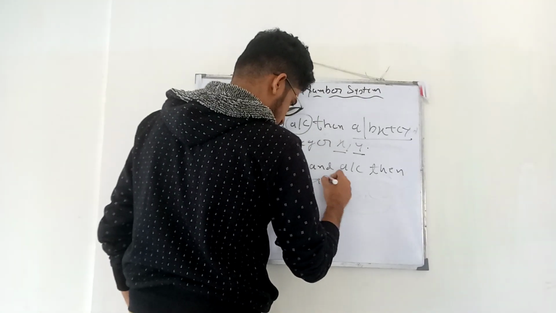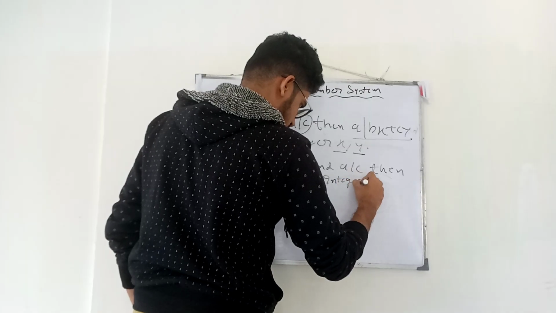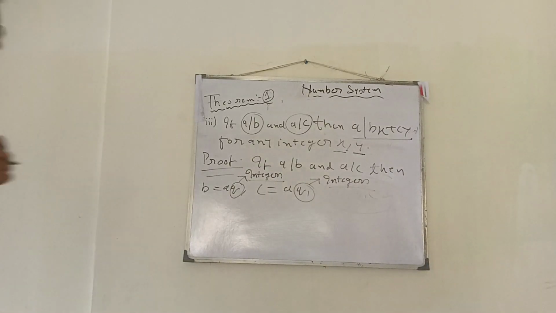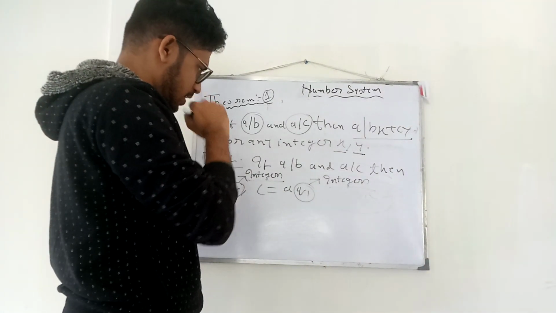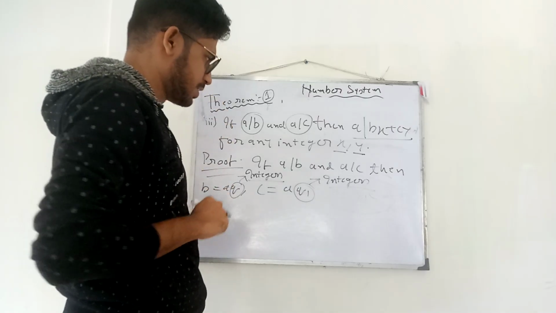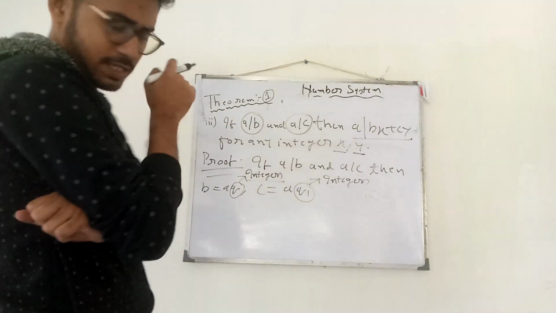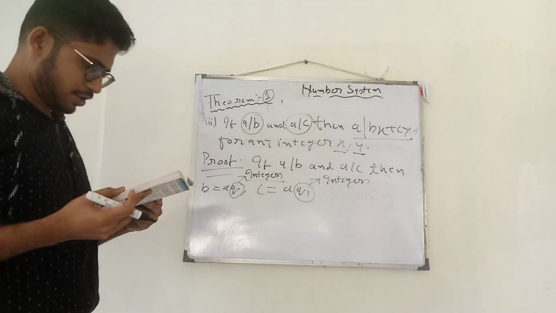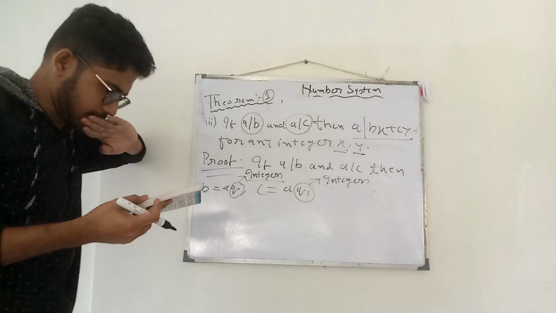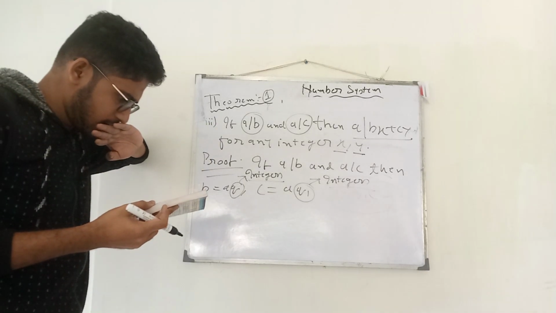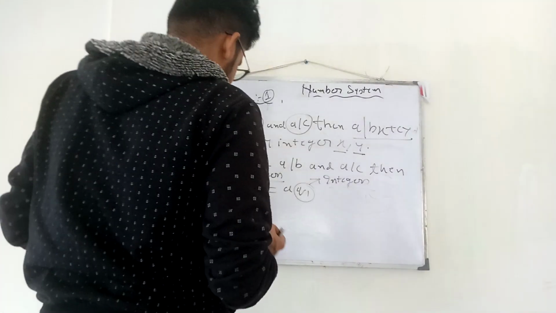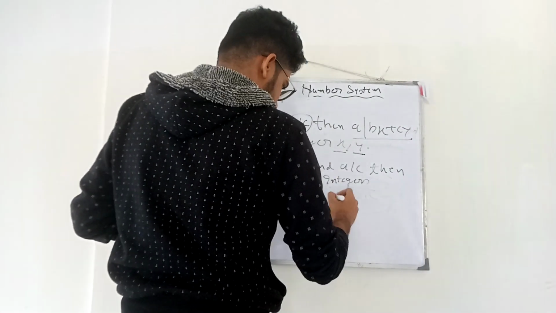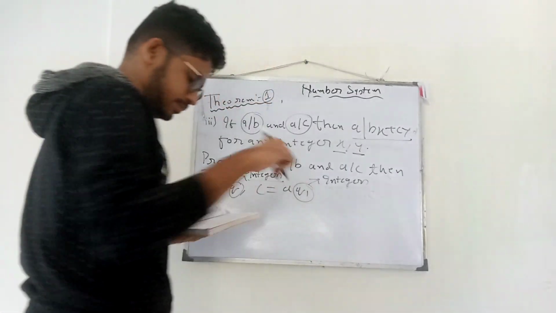These are integers. Now q and q1 belong to Z, and we all know that Z denotes the integers. Oh god, my ink is going to end here.